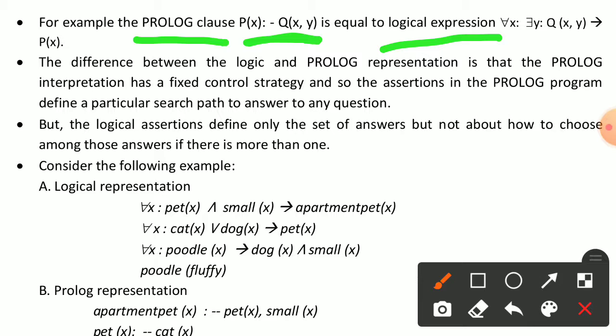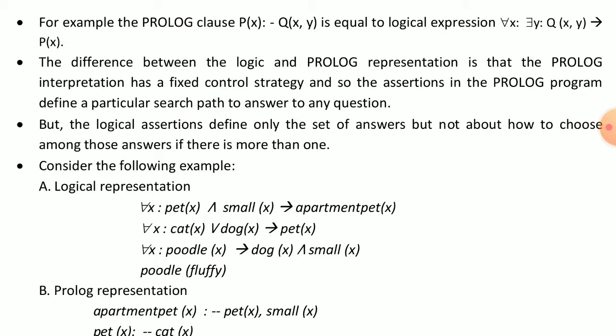So we can write this sentence like this: for all x there exists y, Q x comma y implies P of x. So in basic logic we can write the sentence like this, and in Prolog we can write the sentence like this. We can use the logical expressions to represent the clauses.